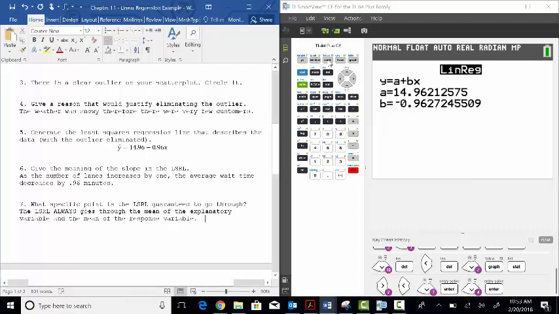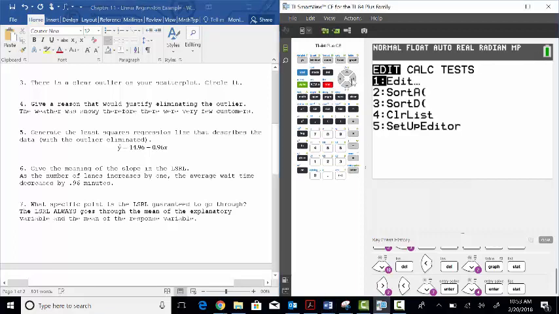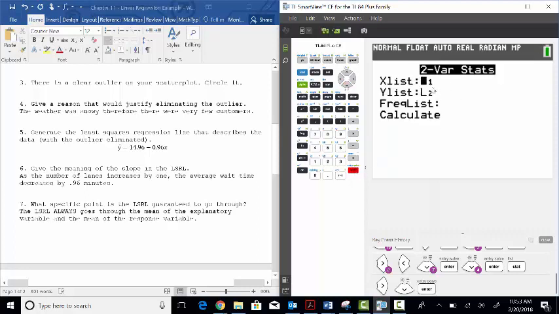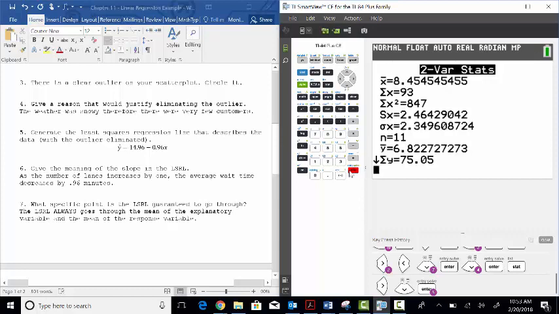So again, to quickly do this on the calculator, I'm simply going to hit stat, go over to calc, and I'm going to do two variable statistics. And again, I want it to be L1, L2. Again, if your calculator doesn't look like mine, that's okay. It will automatically do L1, L2 for you. And I press enter and I see the mean. Remember, X bar is the symbol for your mean.